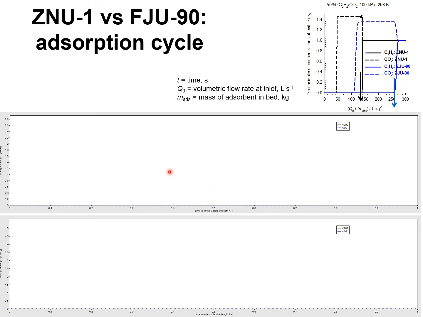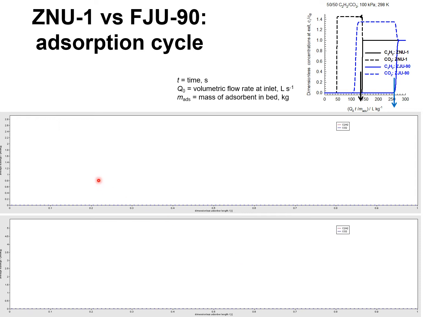For this purpose, we shall examine the animations for the average loadings in the adsorber as a function of the adsorber length. The y-axis plots the component loadings for ZnU1 as a function of the adsorber length, and this animation, to be shown, plots the component loadings in the adsorbed phase as a function of the adsorber length for FJU90.